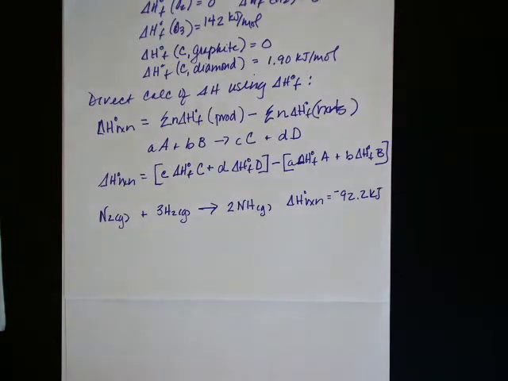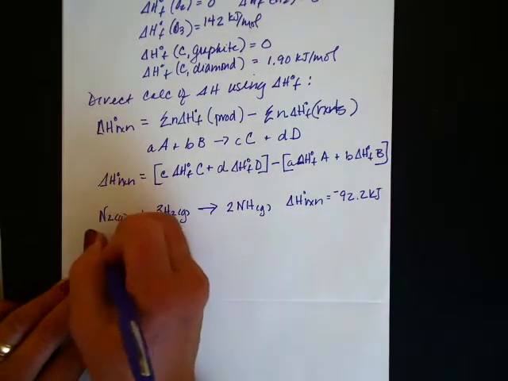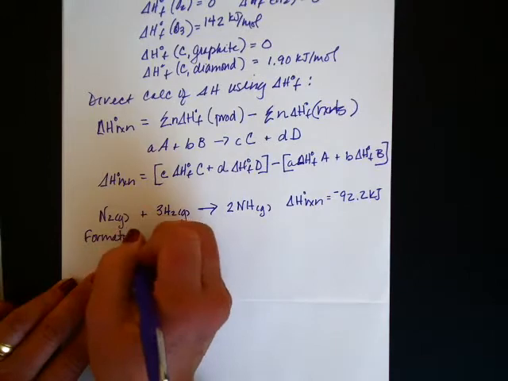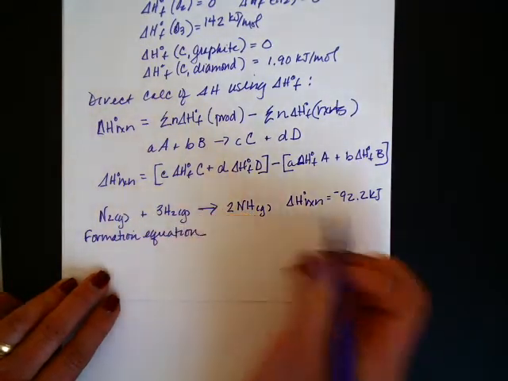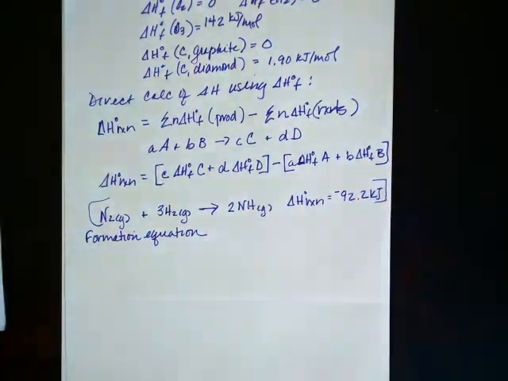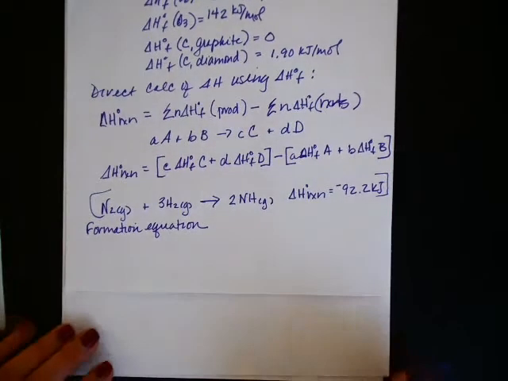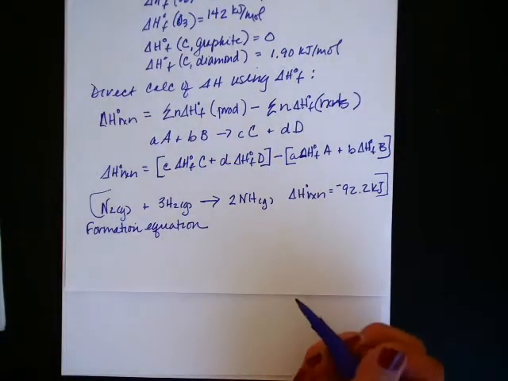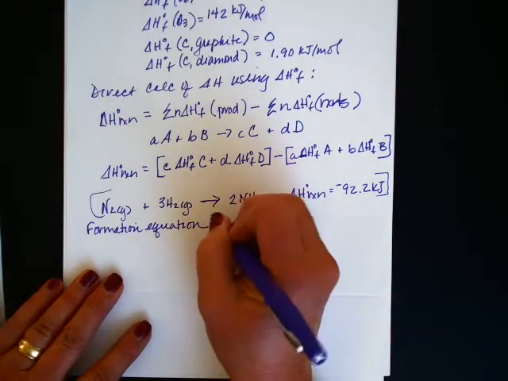But there's also something called a formation equation. We will only work with these equations, but you need to be able to recognize a formation equation. So a formation equation is for 1 mole of product.